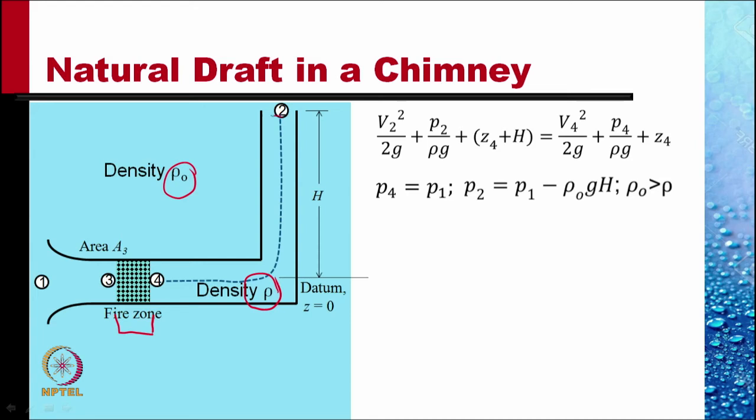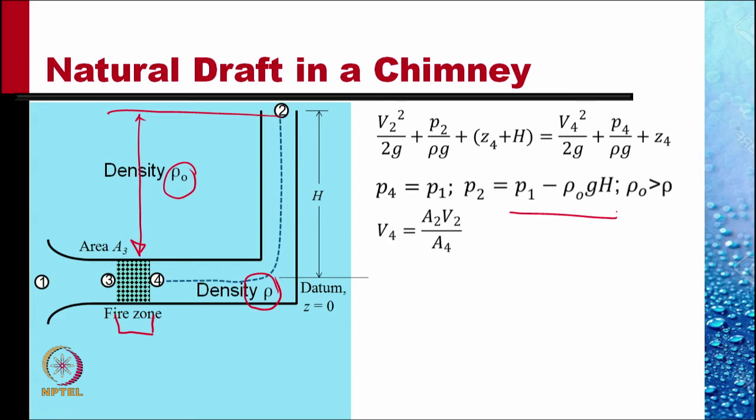Pressure at 2 is determined from the external atmosphere. So pressure at 2 is P1 minus rho naught GH. Rho naught is the density of air in the atmosphere. Going up the height h, the pressure will reduce by rho naught GH. Rho naught is greater than rho.